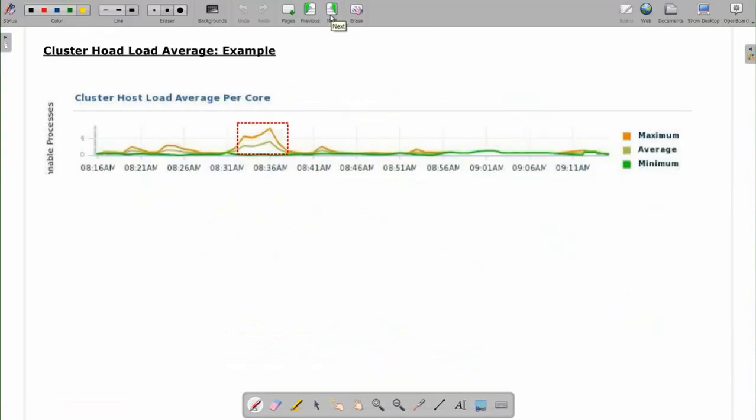Next page here. So this is the screenshot of a cluster host load average example. So this example is per core, the cluster host load average per core. The rule of thumb, when you look at Oracle support node, one core can handle 2 to 4 runnable processes, and that's more than enough.